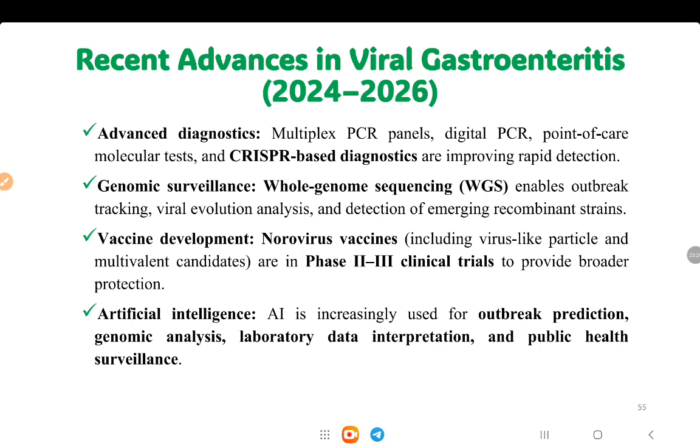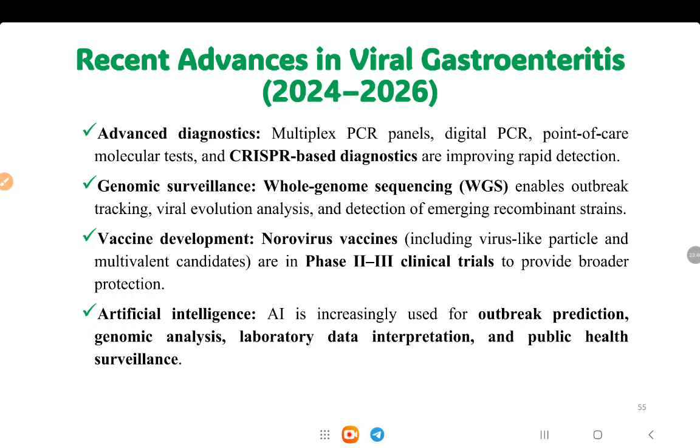Molecular diagnostics continue improving by using multiplex PCR, digital PCR, CRISPR based tests.